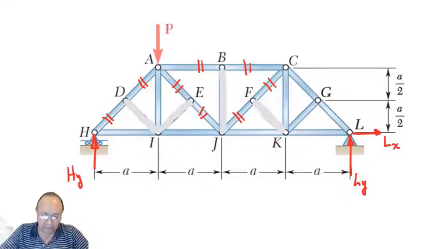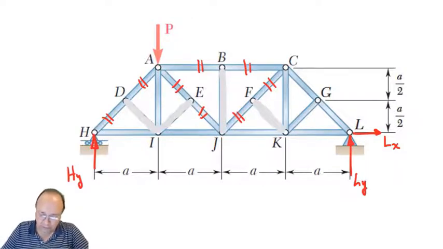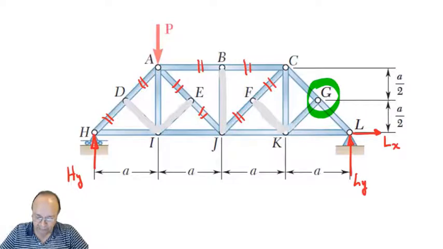What else? Joint B. Oh, we already did that. I guess that will be joint G. Bar KG equals 0. And bar CG equals bar GL.